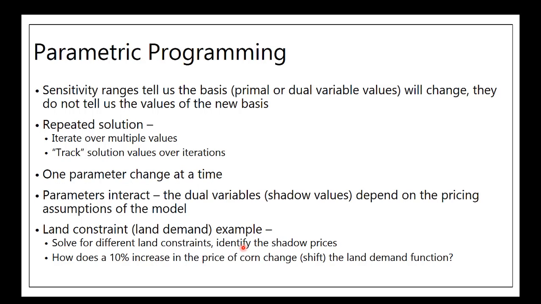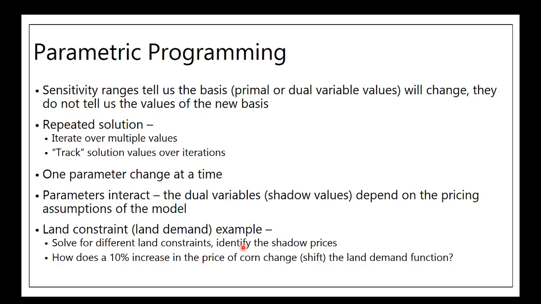The sensitivity ranges tell us what won't change, or the range that won't cause a change, but it won't tell us something we want to know, which is what are the values when you get beyond that range. And then if you kept going, what's the width of that new flat spot, and then what is the value that comes next and next and next? So we're actually thinking about the price-quantity relationship of calories.